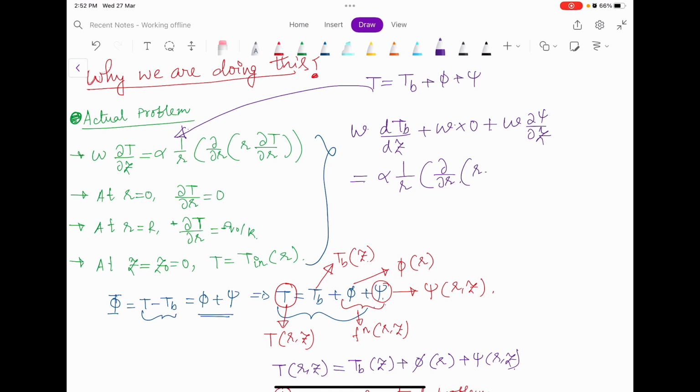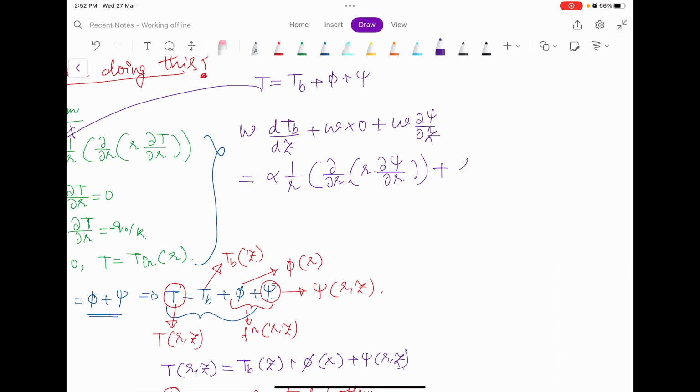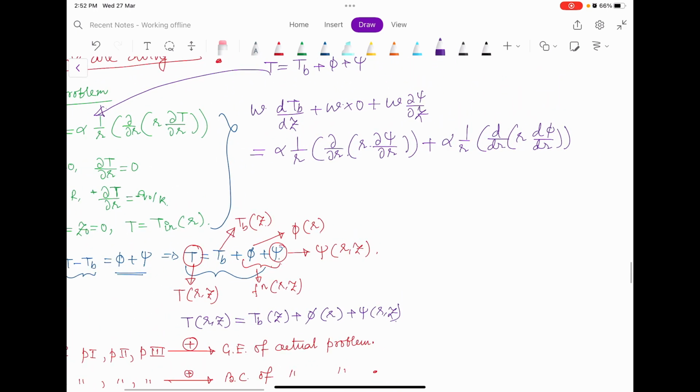Now phi is a function of r, so let me write the psi term here first, plus alpha into 1 by r d dr of r into d phi dr. So now you see this is my governing equation in terms of Tb, phi and psi, right?